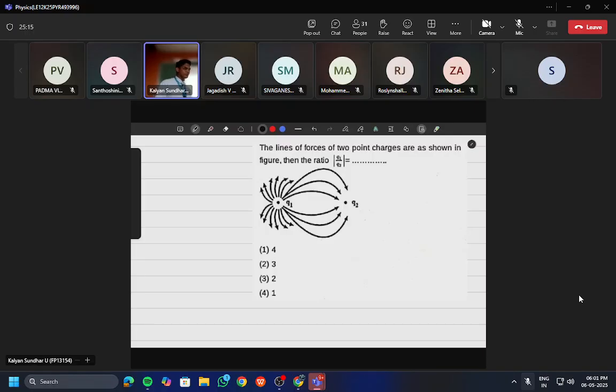So Q1 is to Q2. How many field lines come out of Q1? 1, 2, 3 and overall it will be 18. And how many are received at Q2? 6. So Q1 by Q2 is nothing but 18 by 6, which will be option 3.